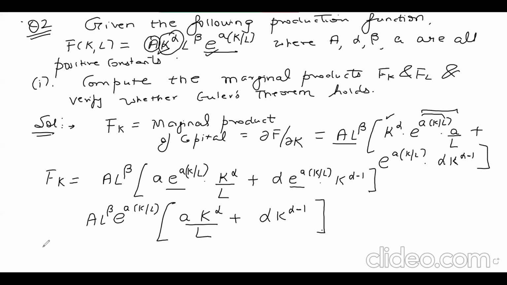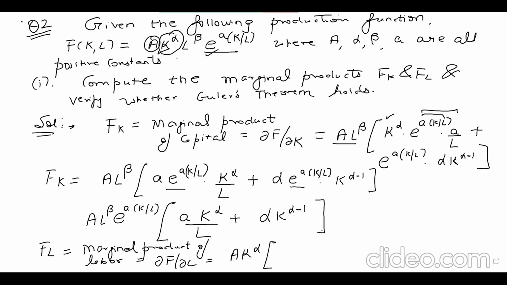Then let's find out FL. FL is going to be called the marginal product of labor. Mathematically, it's del F by del L. That means we are now going to partially differentiate the production function with respect to labor, treating capital as a constant. So A K to the power alpha is a constant.